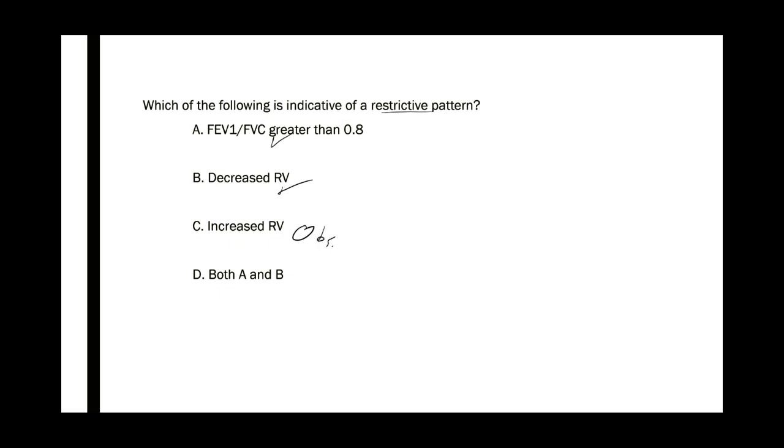So remember, obstructive causes an increase in residual volume and an increase in total lung capacity. So the answer is D, both A and B. And I'll go further into obstructive and restrictive lung diseases in class, because it's important to have a good understanding of that.